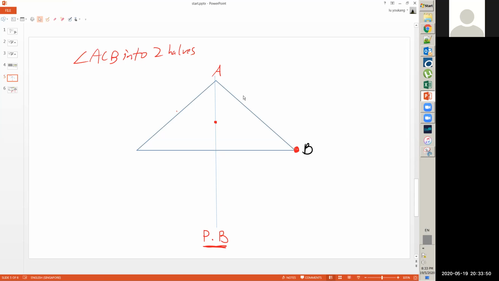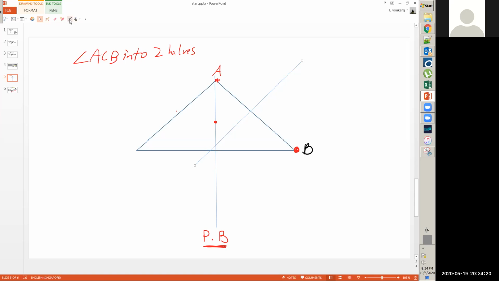Now let me draw the perpendicular bisector of AB as well. So this will be my first point, I make an arc. This will be my second point, make an arc. So basically you will get another. Over here, let me estimate first, but you are supposed to use the tools. So I will get my perpendicular bisector somewhere here.